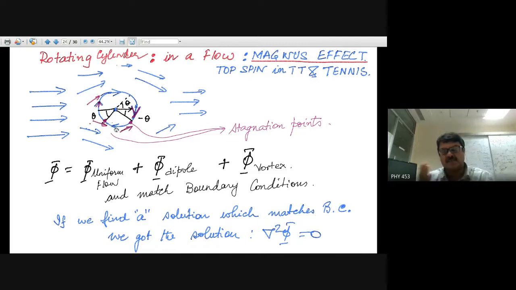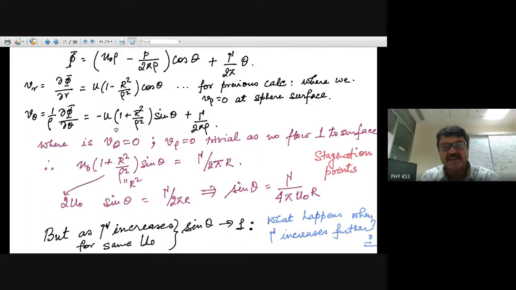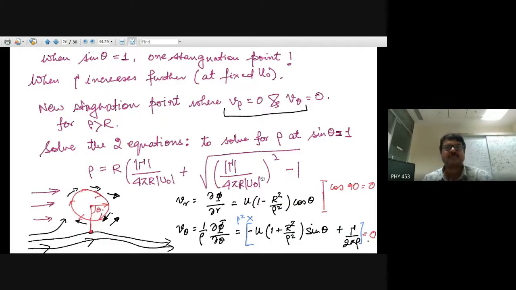So it's moving towards 90 degrees, right? But now, this is the mathematics, but you can spin the football, or in this case the cylinder, at speeds so that it is even higher than this value. So then what happens? Because sine theta can't go greater than 1. So then how do you solve it?